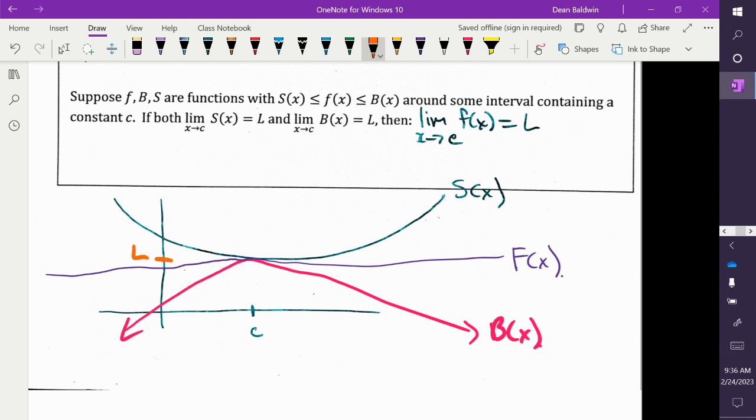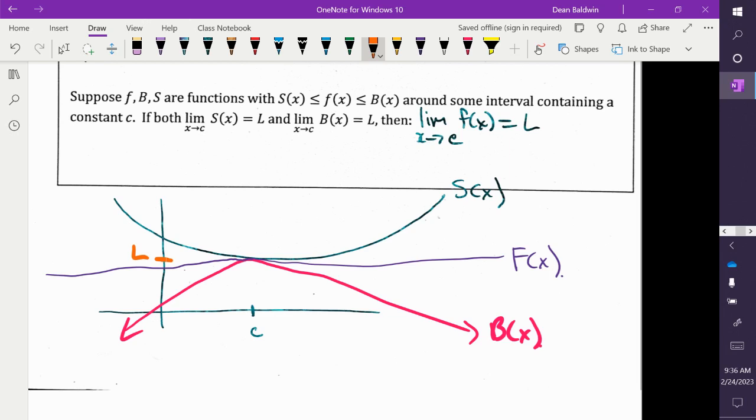And our function that we cannot figure out on its own is squeezed between them. As long as we know these two limits, then we know the limit of the one that goes between them. Does that make sense? That's all the squeeze theorem is saying. If you squeeze the function at a certain point between two other functions, you don't need to find the limit of this function directly. You can find it indirectly by knowing those two limits.